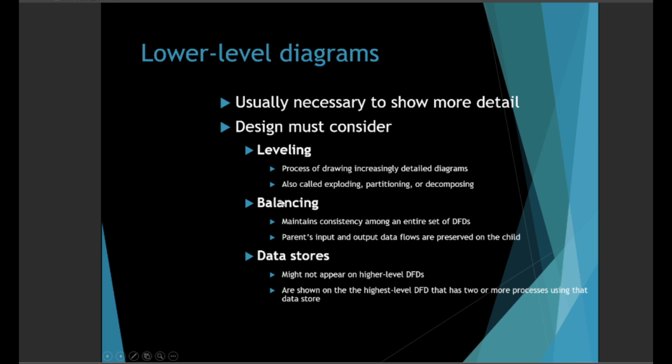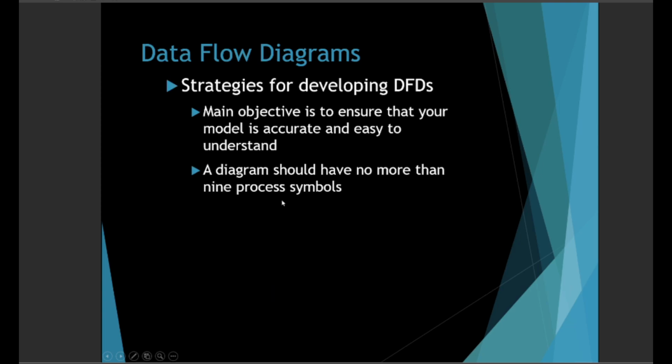In the data flow diagrams, the main objective of the strategies in developing DFDs is to ensure that your model is accurate and easy to understand. Meaning there are no terminologies that are not in layman's terms, so terminologies must be understood easily.